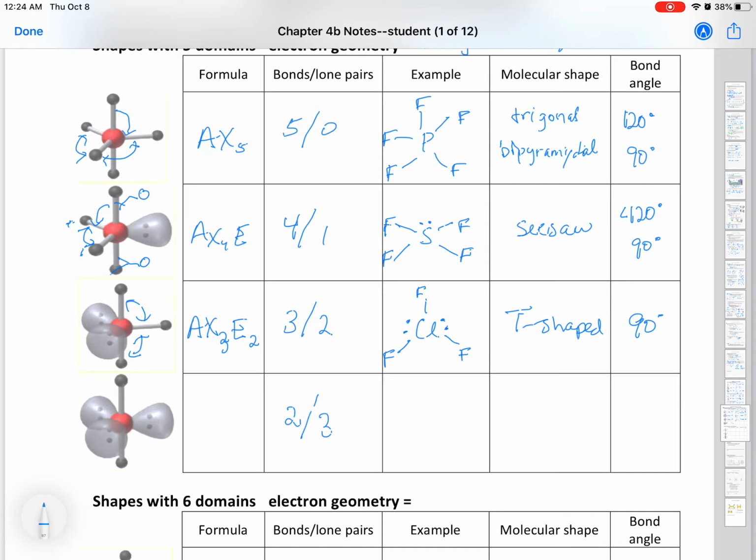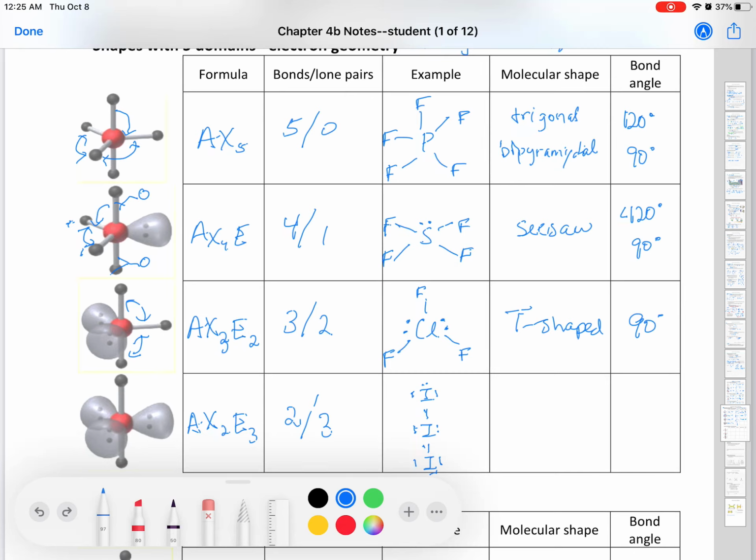And then this last one has two bond arms and three lone pairs. An example of this one would be I3. I can't actually recall the structure for this one. Iodine has 7 times 3 is 21 valence electrons.